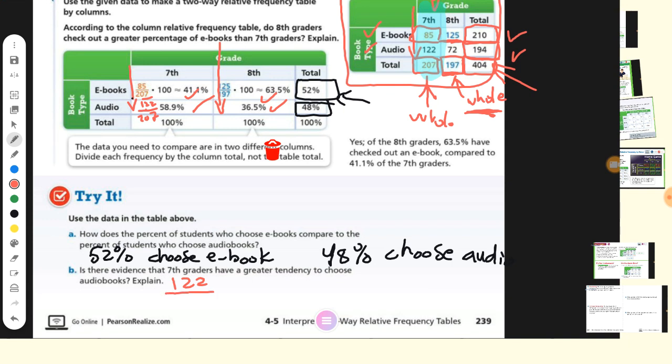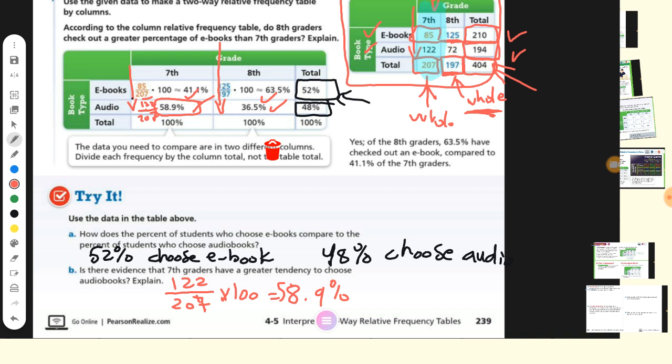So we'll divide it by 207, the total number of the 7th grade, and multiply by 100. It will give me how many percent? I can find it here, by the way. I already calculated it here. It's 58.9%.